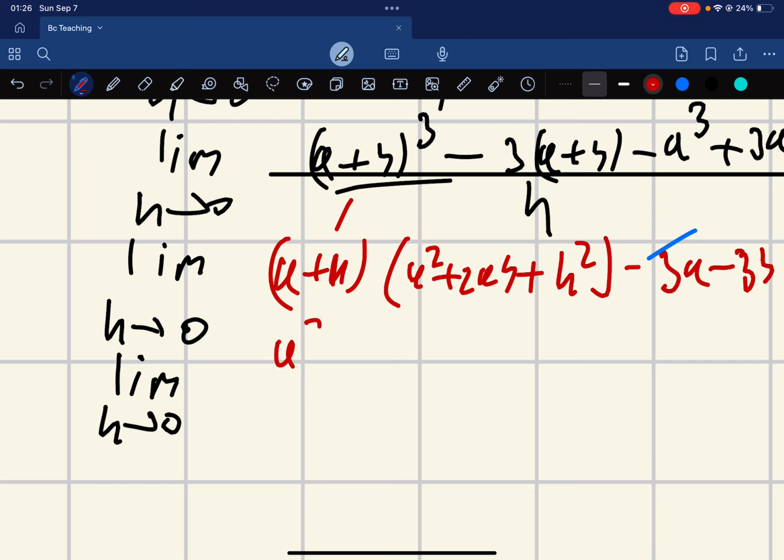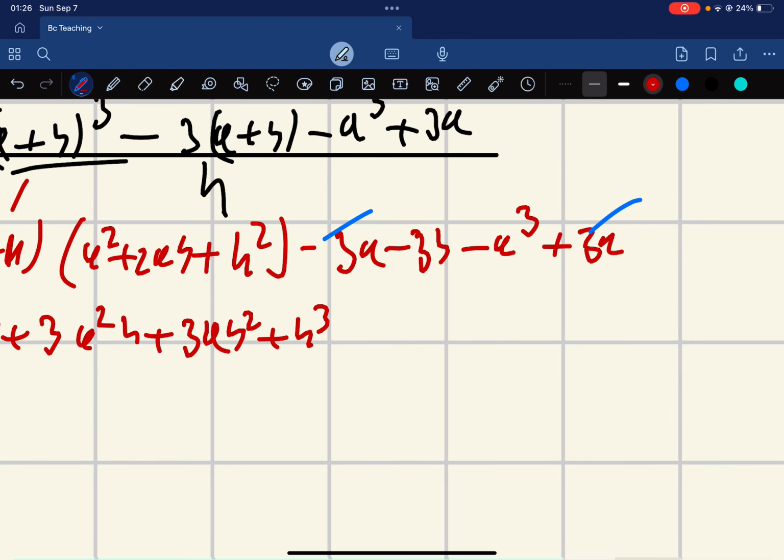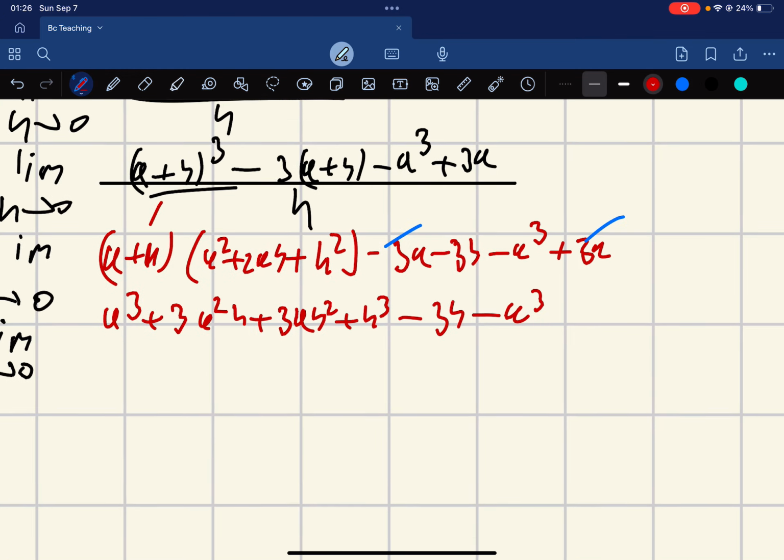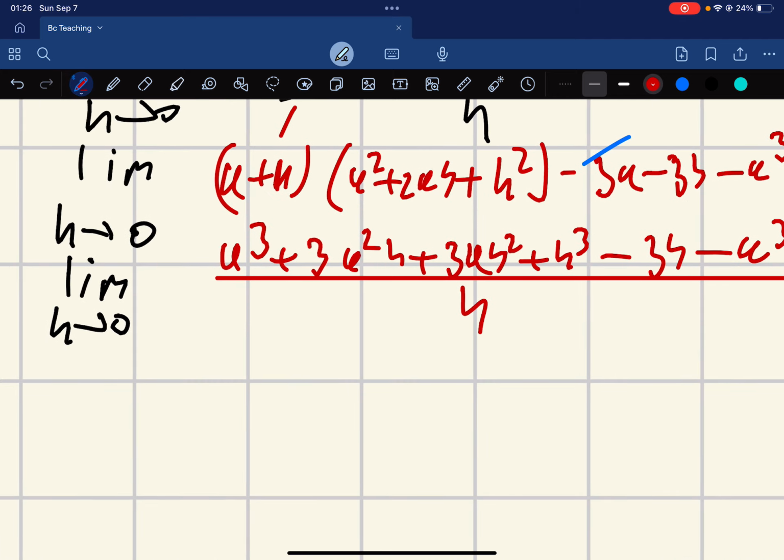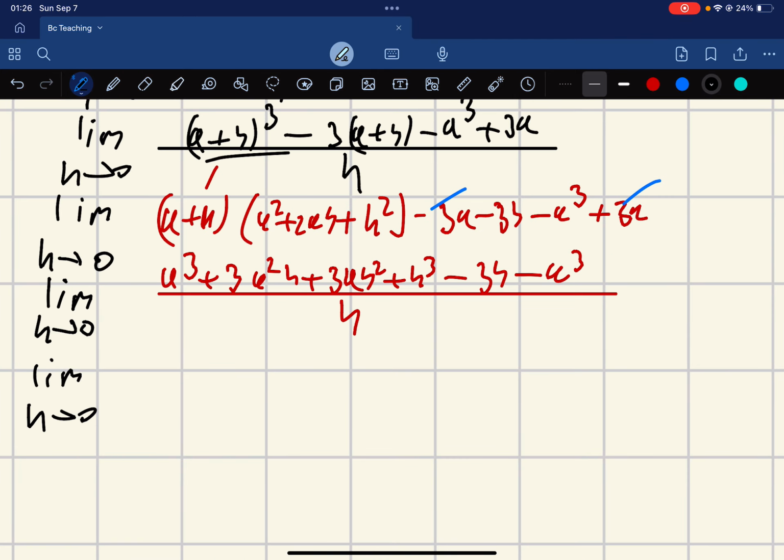You get 3h squared plus 3ah squared plus h cubed. And that goes away, so you get minus 3h minus a cubed over h, and then you get the limit as h approaches 0.